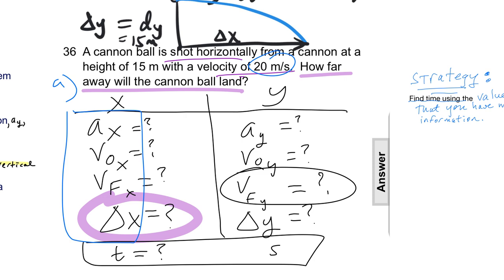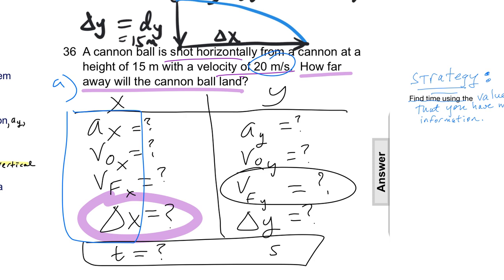Well, it's the displacement, and dy, or delta y, is the height in that direction. Okay, let's just compare the x and y values first of all.